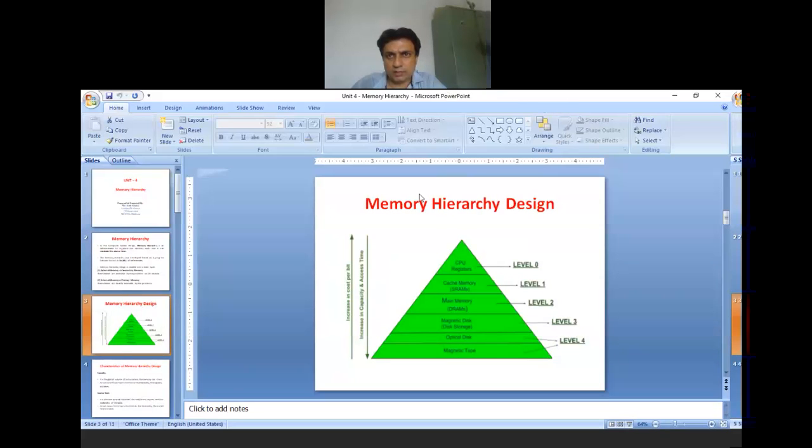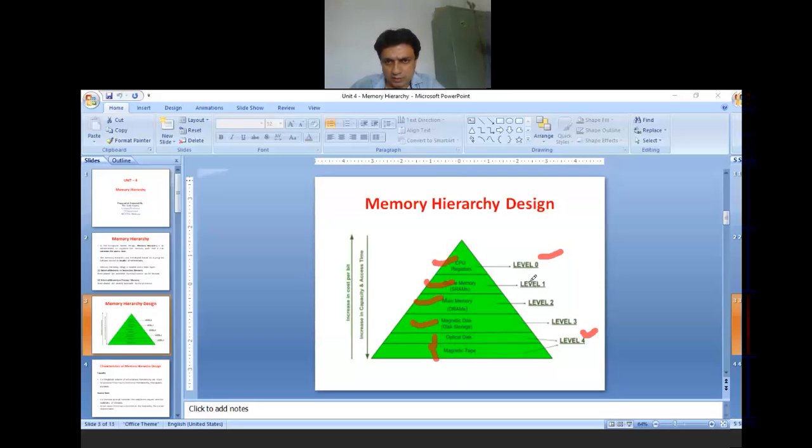As you can see from the diagram, it is much clearer that the memory hierarchy is divided into various levels, from level 0 to level 4. At level 0 the CPU register is there, in level 1 cache memory, level 2 main memory, level 3 magnetic disk, and level 4 consists of optical disk and magnetic tapes.